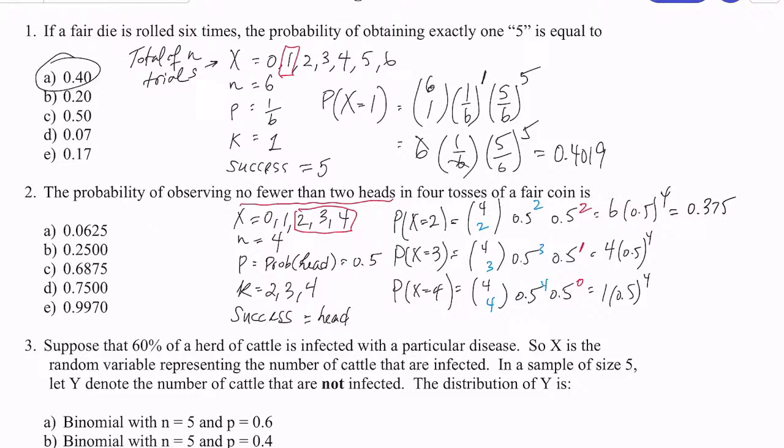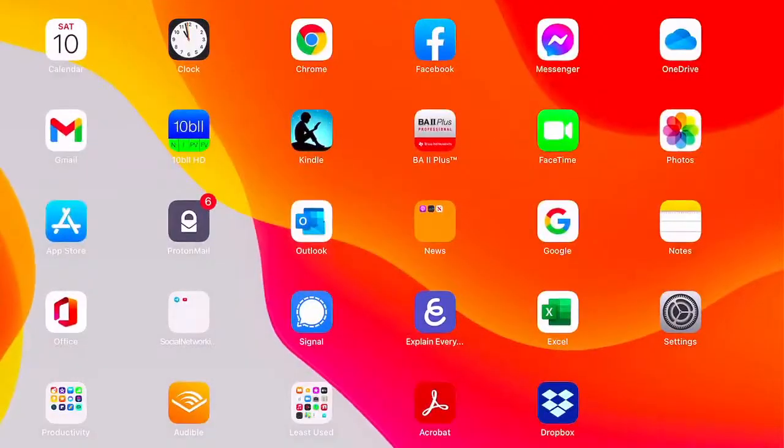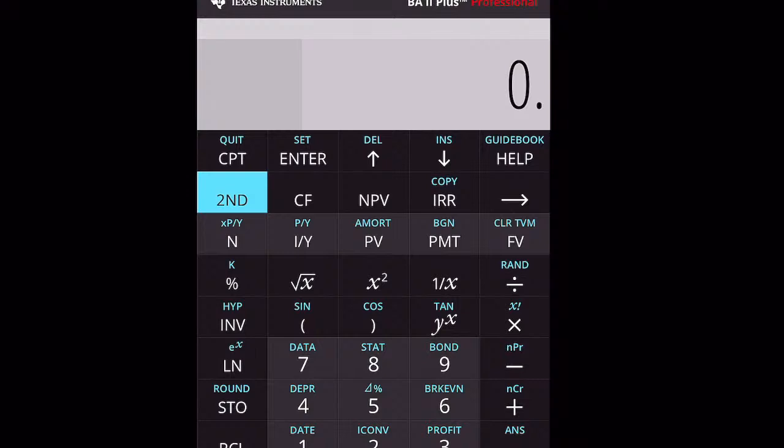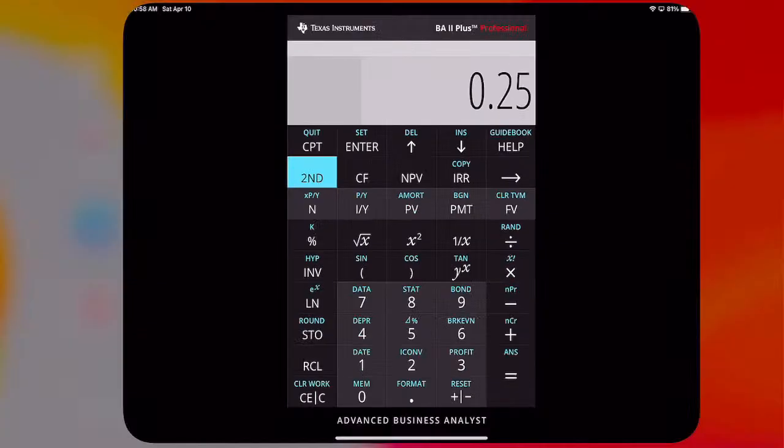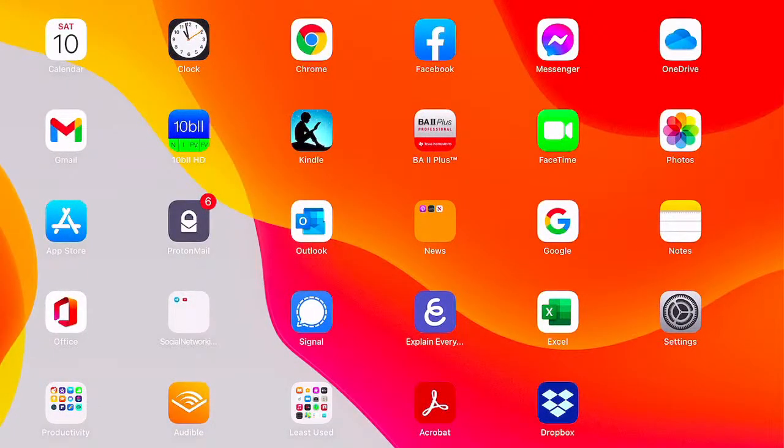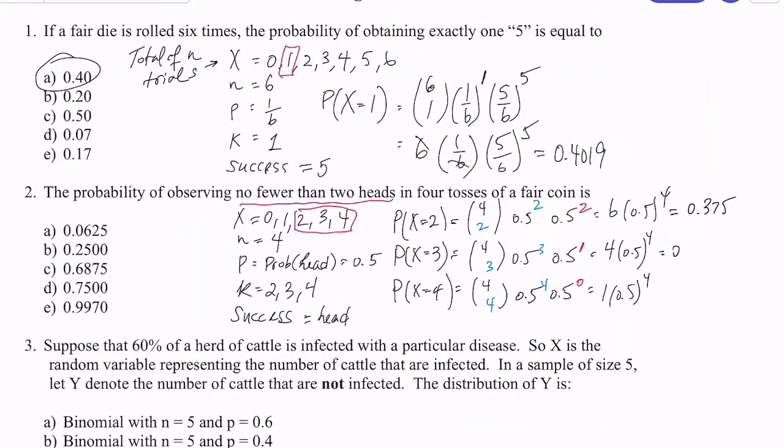This one is going to be 4 times that. Four times brackets 0.5 to the power of 4 is 0.25. And this is just 0.5 to the power of 4.